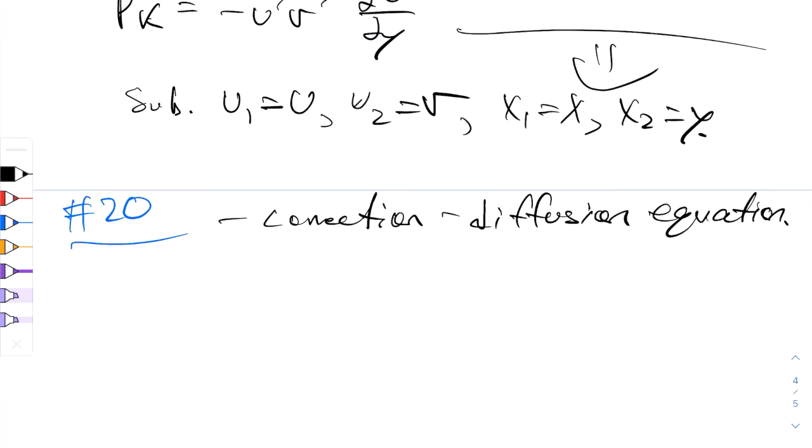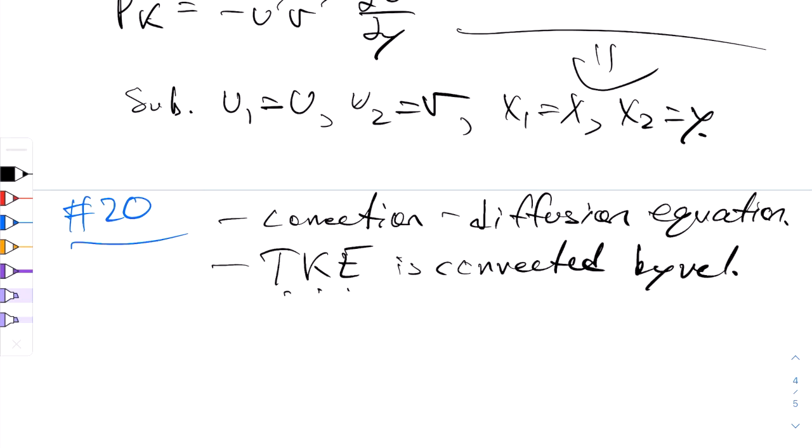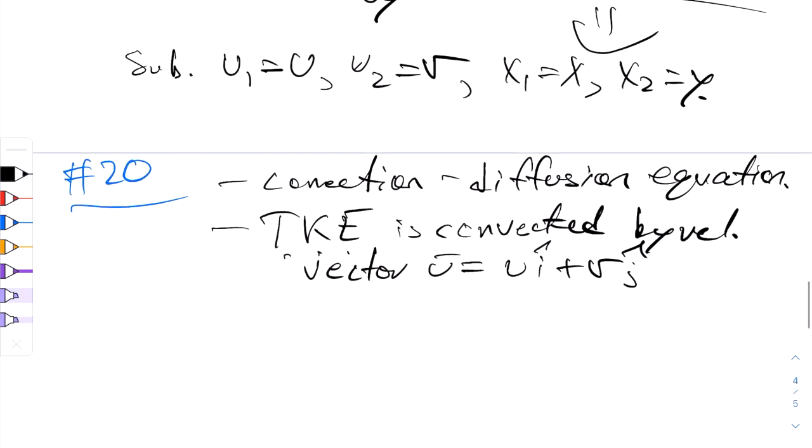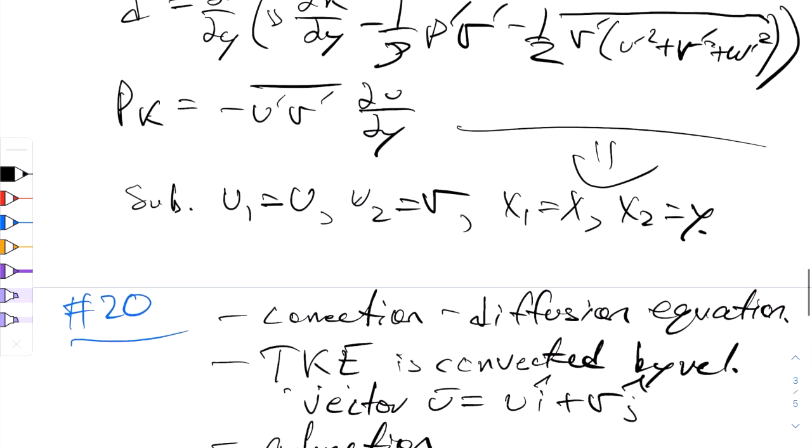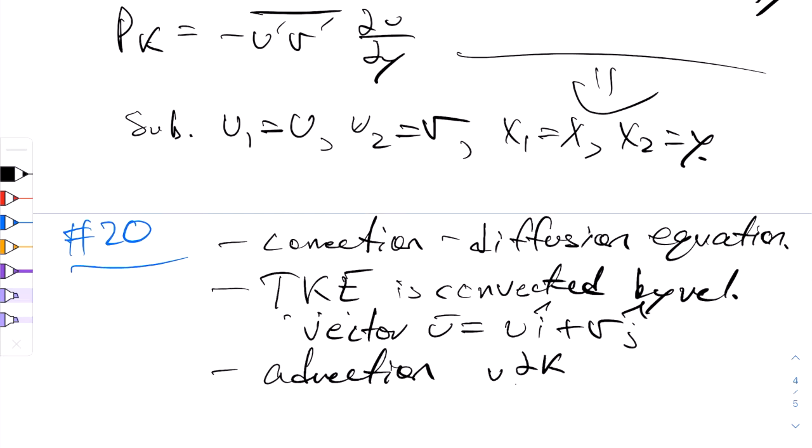Now the turbulent kinetic energy, which I'll write as TKE, is convected by the velocity vector u equals u i plus v j through the advection term, which is the left-hand side. So the advection term, if you look at equation 20, is really the left-hand side, and that's u partial k partial x plus v partial k partial y.